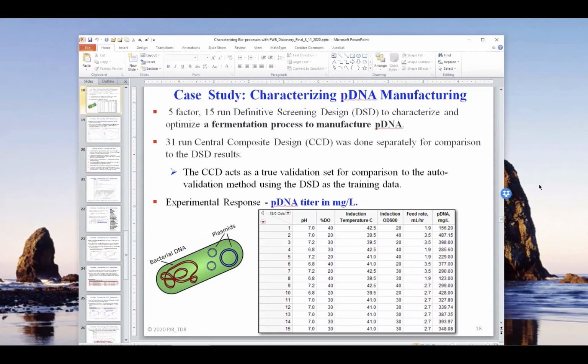And again, our entire goal here is to develop models which accurately predict the titer over the entire design space, not just finding an optimum, but also characterization.